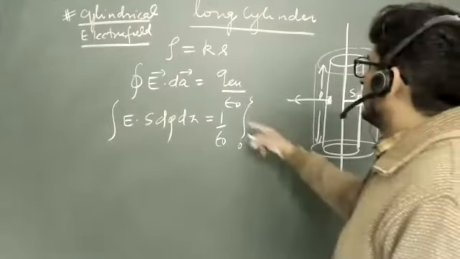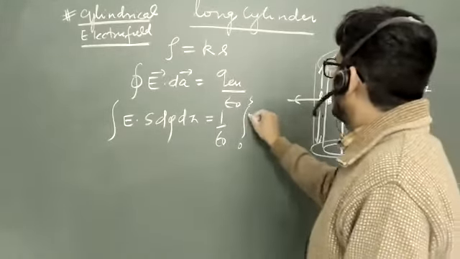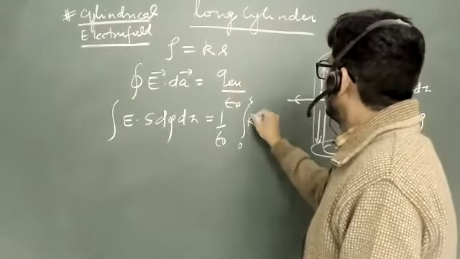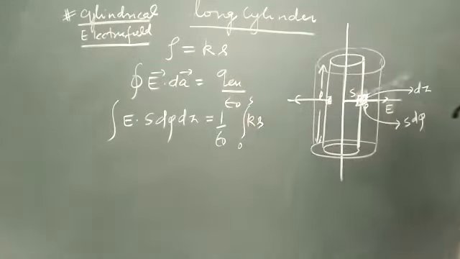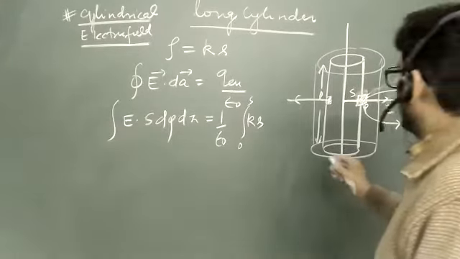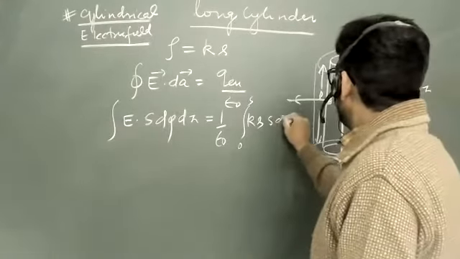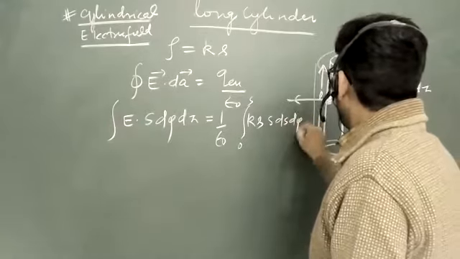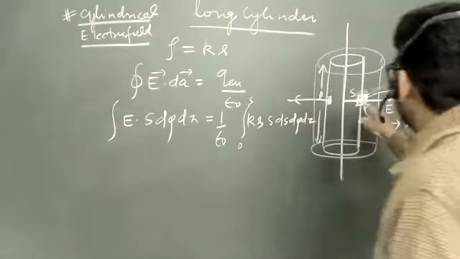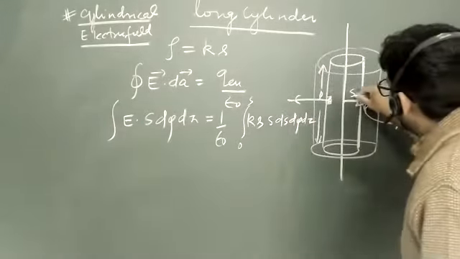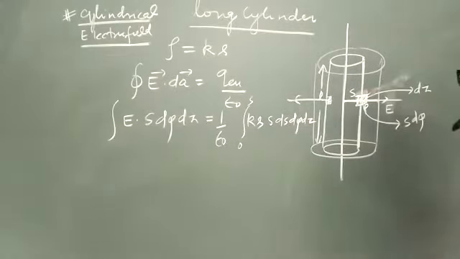Charge density is rho, so it will be rho d tau. So it is Ks into what will be the d tau? S ds d phi dz. So now you can imagine how much extra length is required to write the volume. I have shown you in that figure, right?